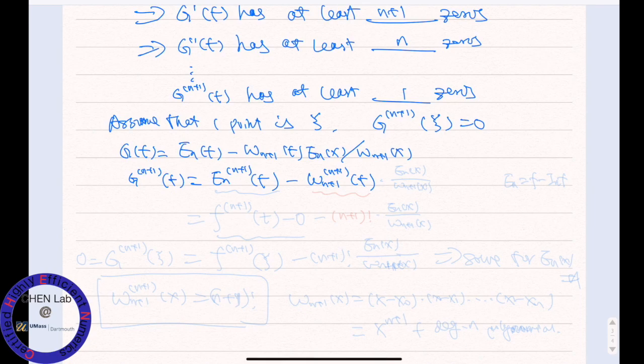The x is constant, so we don't do anything. Just keep writing e_n(x) divided by omega_{n+1}(x).